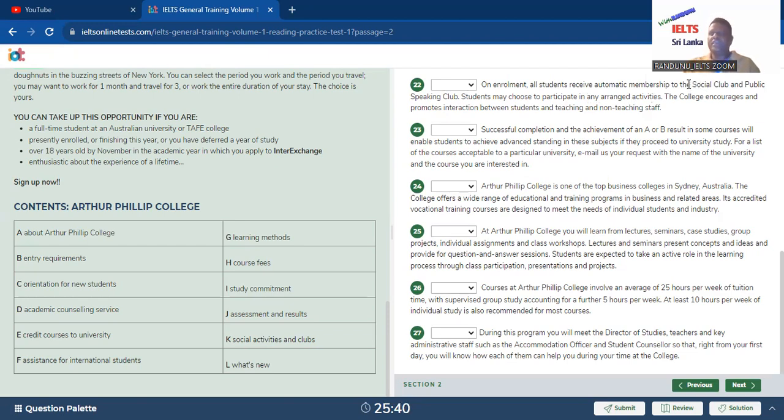Social club is very easy. It is about clubs. No need to read the rest of it, right? It is about clubs. So 22 is K, right?